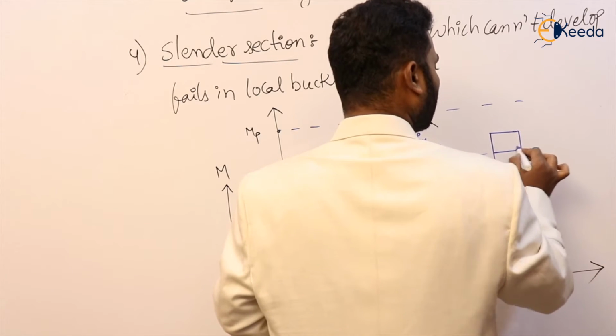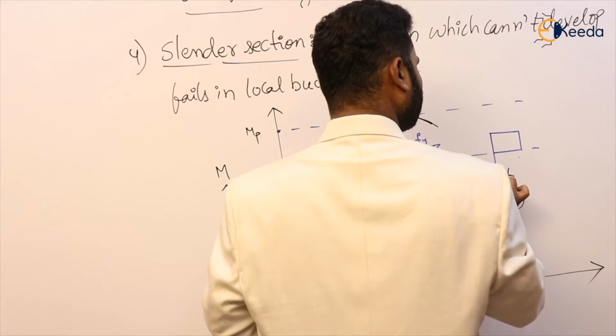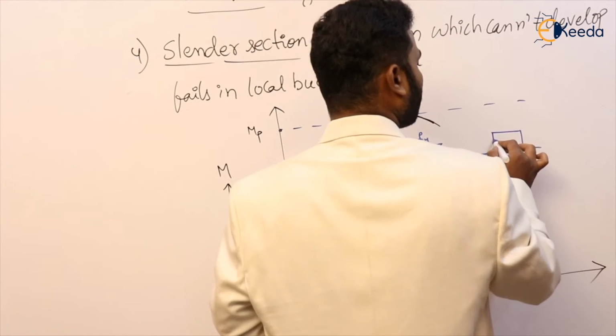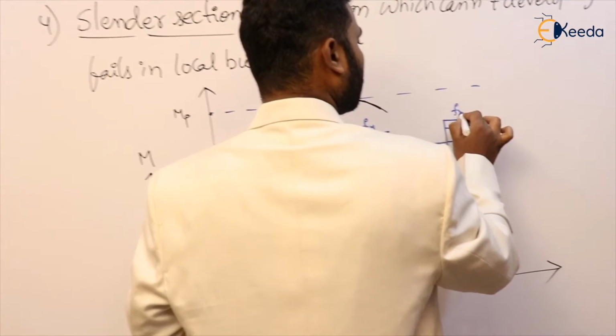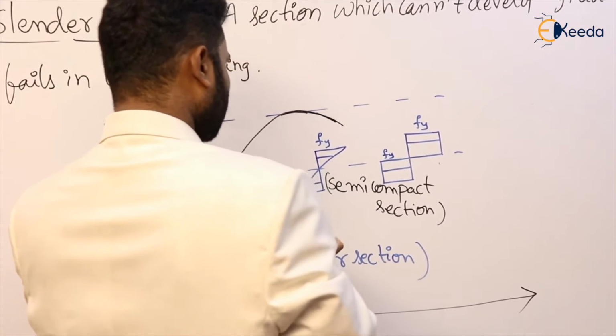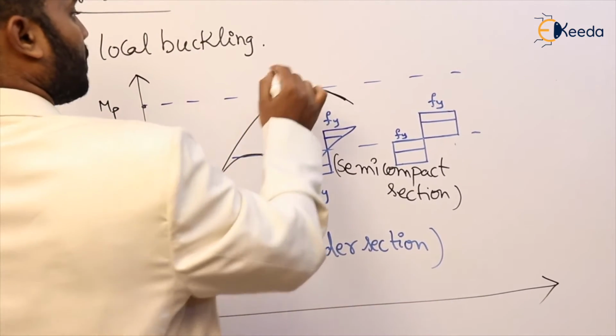When it reaches the plastic state, only then can it develop the plastic moment. Agree or not? So here it is Fy, and here also it is Fy. So this is compact section.